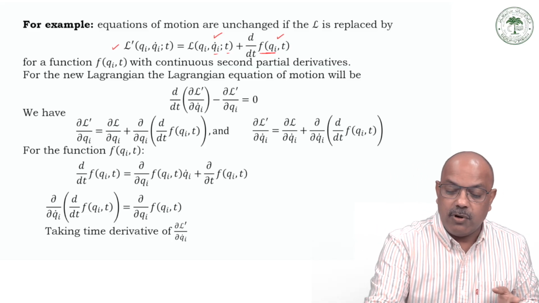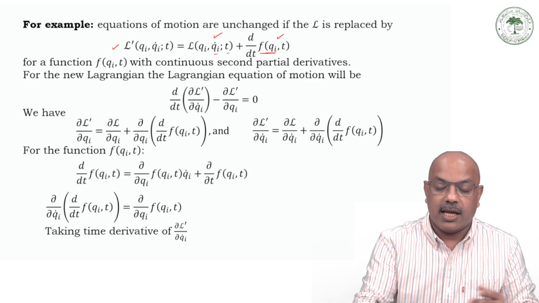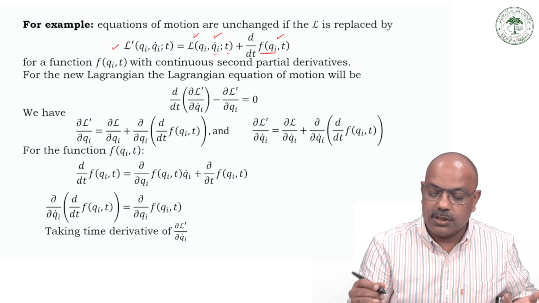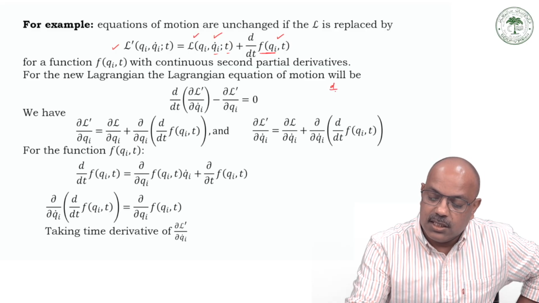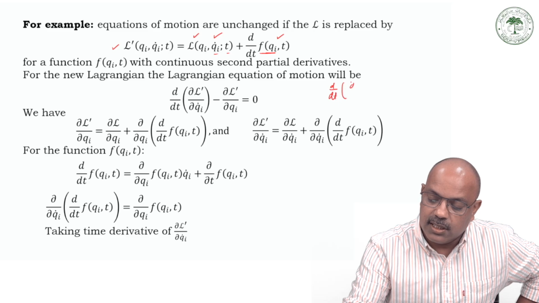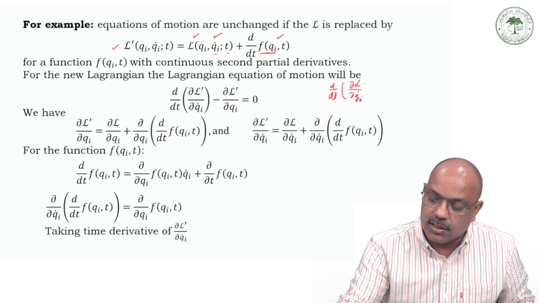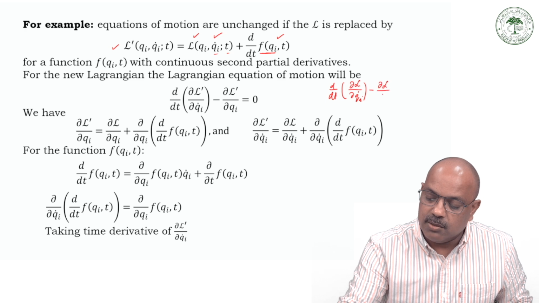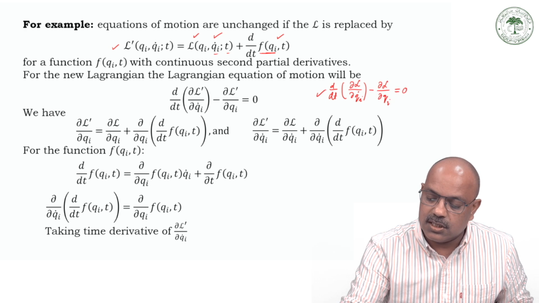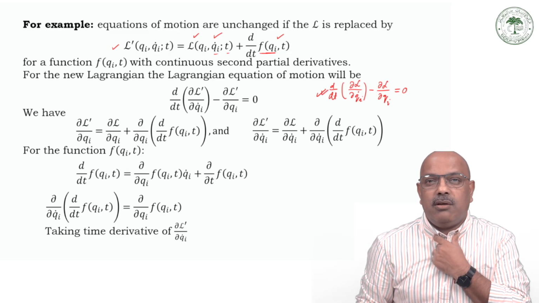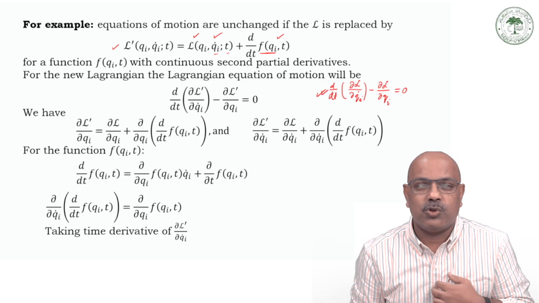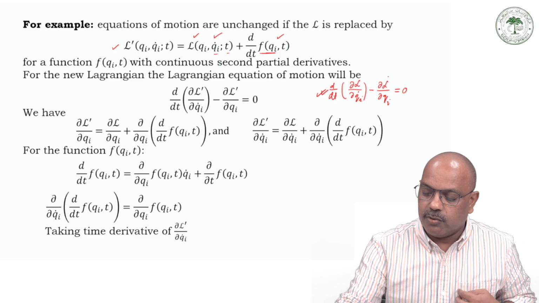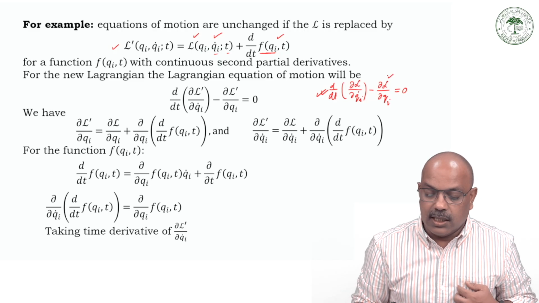For the old Lagrangian L, the equation of motion is d/dt of ∂L/∂q_i dot minus ∂L/∂q_i, and this is equal to 0. This is the Lagrange equation, through which we get the equations of motion for a system for which I am writing the Lagrangian.